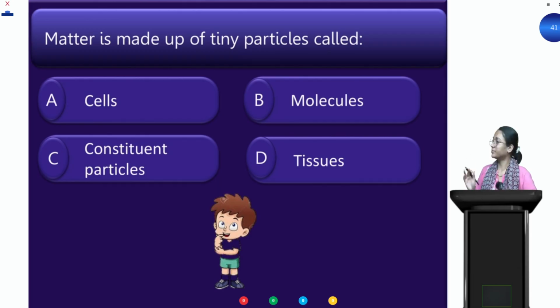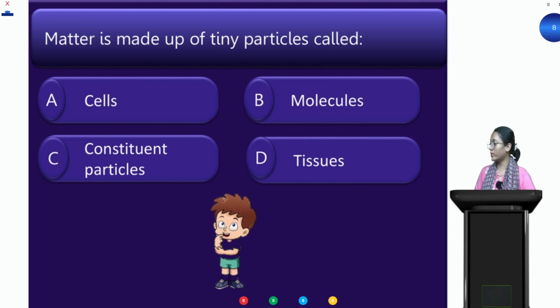The tiny particles by which matter is made up are known as what? Is it cells, molecules, constituent particles, or tissues?